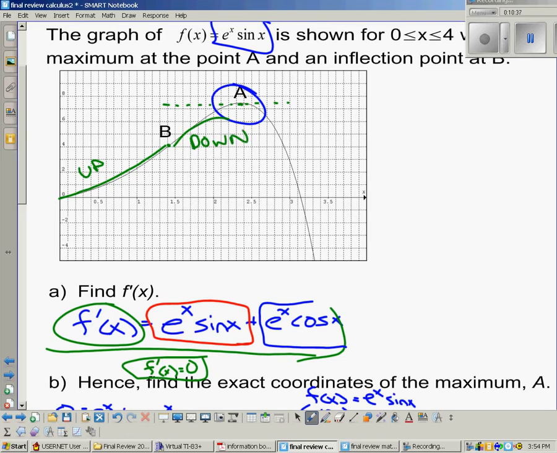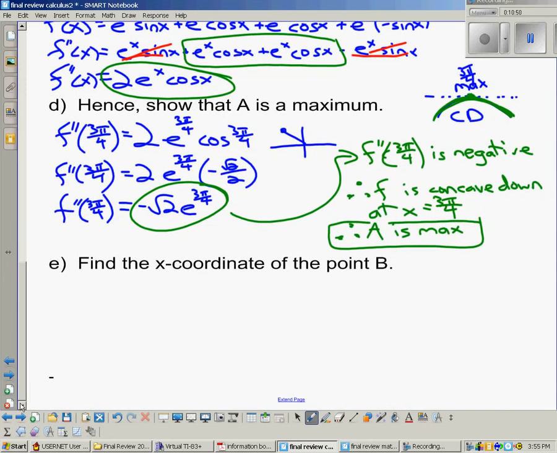Which means over here on the left side, we should have f double prime that's positive. And over here on the right side, we should have f double prime that's negative. At the point of inflection B, f double prime should be 0.